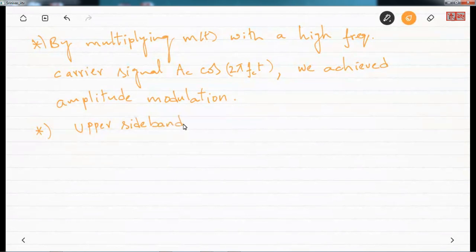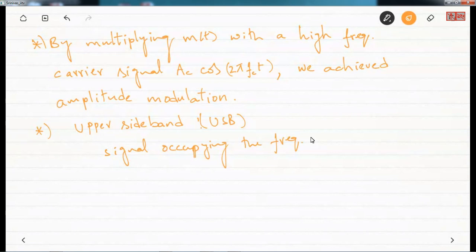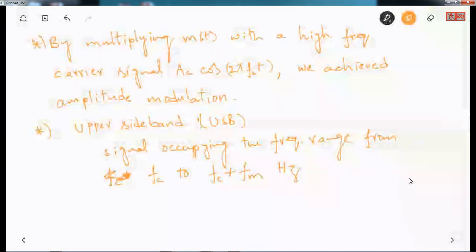Upper sideband, we call it USB, is the signal occupying the frequency range from fc to fc plus fm hertz after frequency translation. So consider the signal after frequency translation.